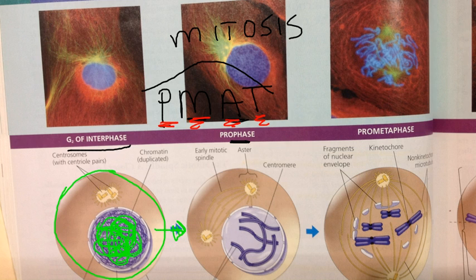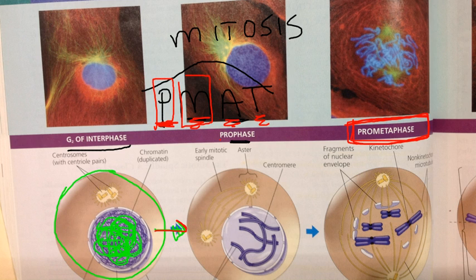Now, in my diagram here, you're going to see that there's an extra step here, ProMetaphase. You don't have to necessarily remember that. Just remember, ProMetaphase is the stage in between prophase and metaphase. So you'll understand why this particular textbook added this extra step.